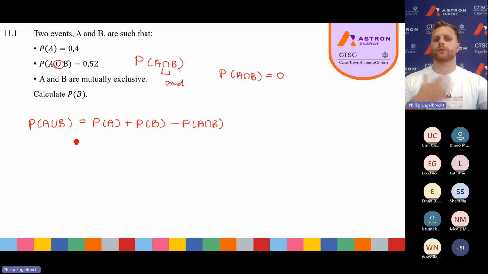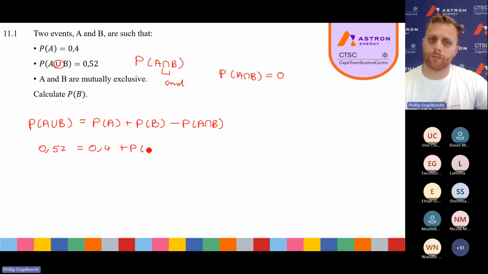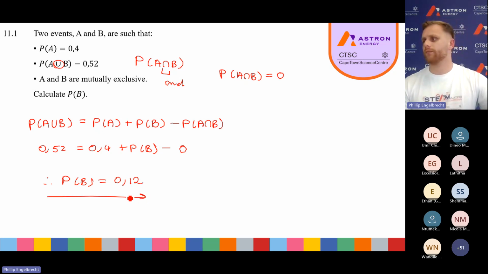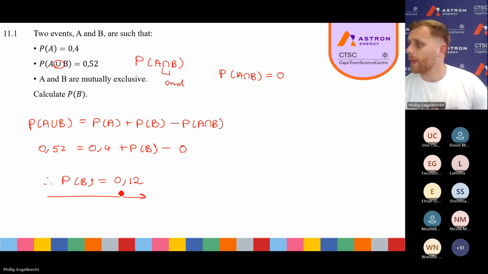And all we do is we just have to solve for B. So that becomes 0.52 is equal to the probability of A, which is 0.4, plus the probability of B minus 0. And all you guys need to do is solve for this, and you get that the probability of B is simply 0.12. Okay? Pretty easy.